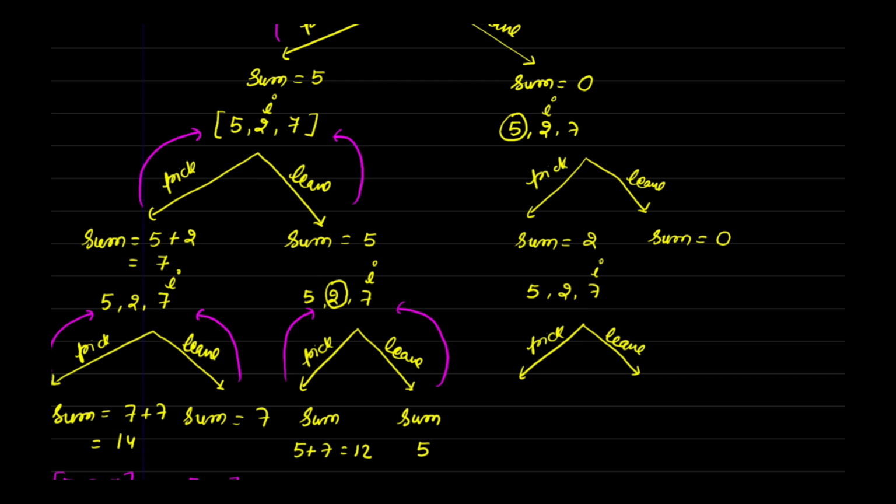If we pick, then my sum will be 2 plus 7, that is 9. Here we are leaving, so our sum will be 2 only.